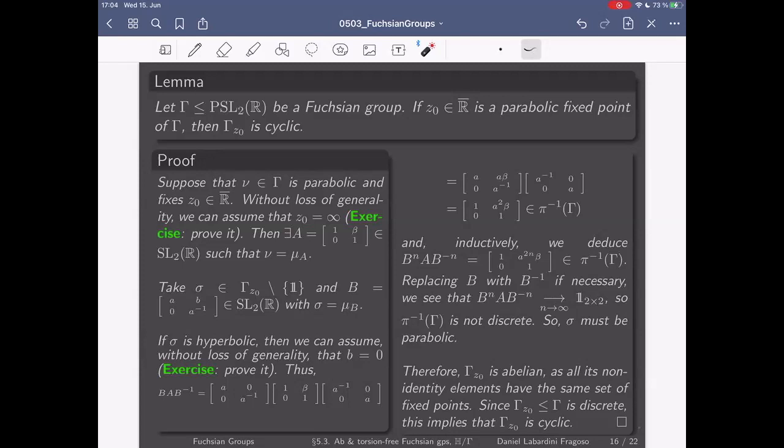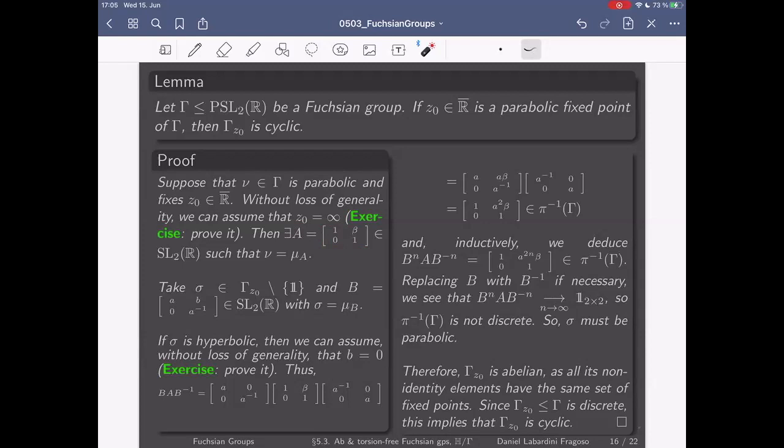You can think about why. Under that assumption, we know that this parabolic element that fixes Z0 is of this form: 1 beta 0 1, where beta is a real number.